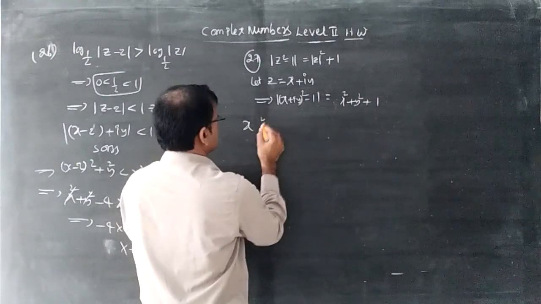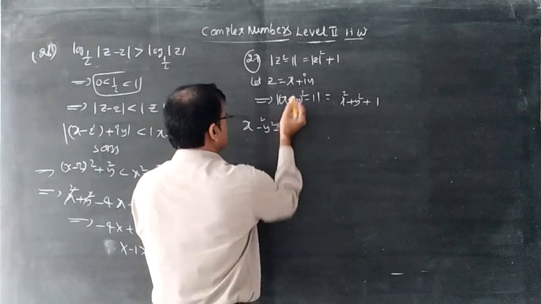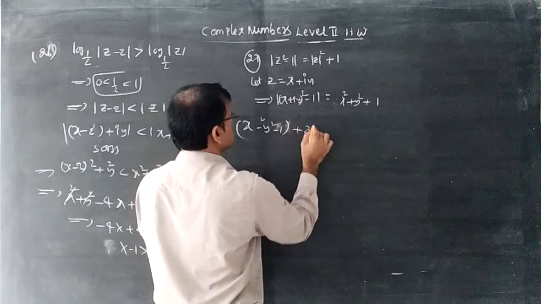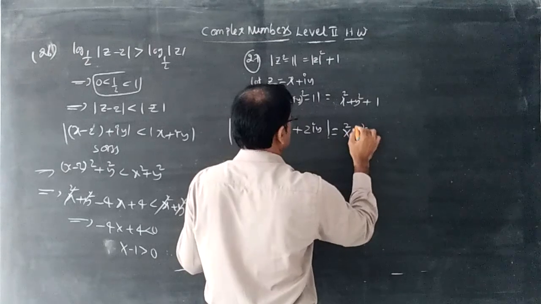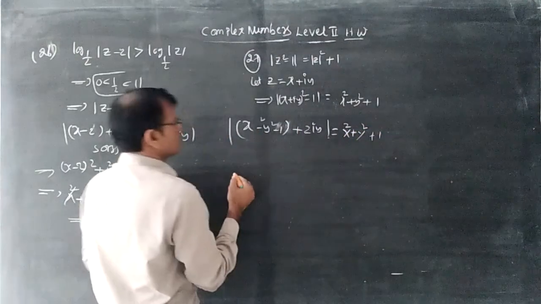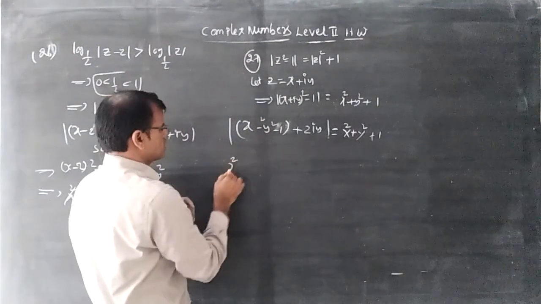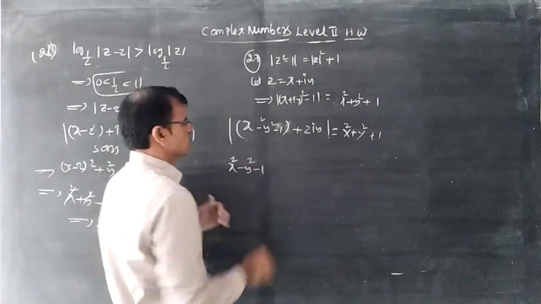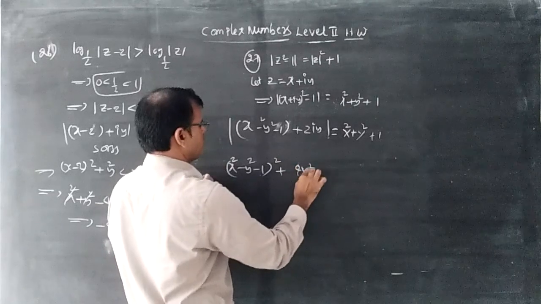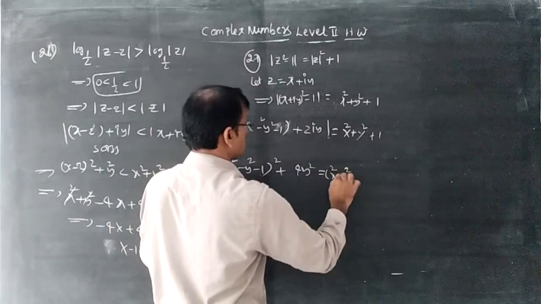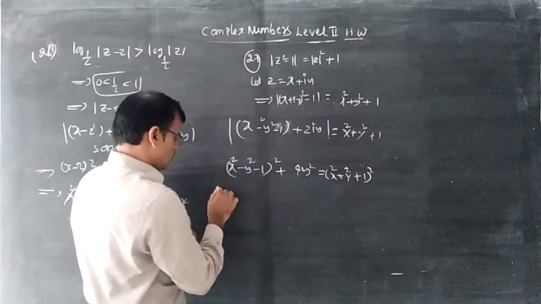So write like this: x square minus y square minus 1 totally plus 2ixy, modulus, is equal to x square plus y square plus 1. By taking modulus, you can understand this one: x square minus y square minus 1 total whole square plus 4x square y square is equal to, for this one also, x square plus y square plus 1 whole square.